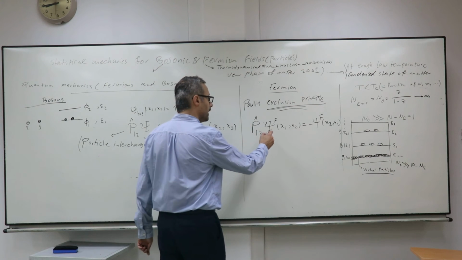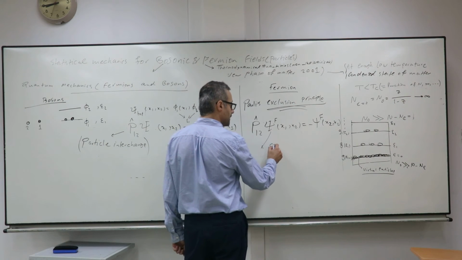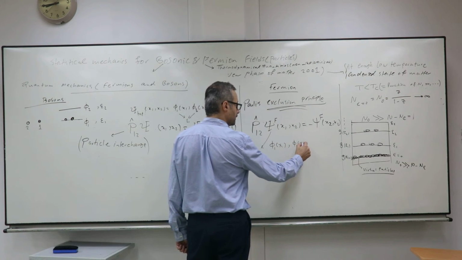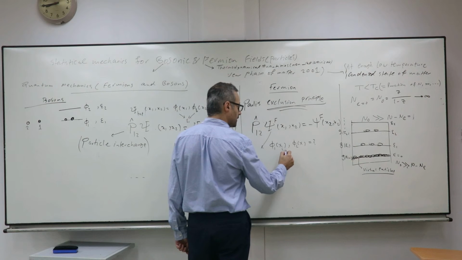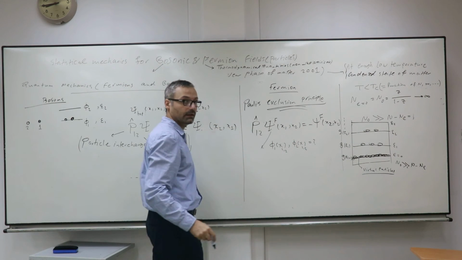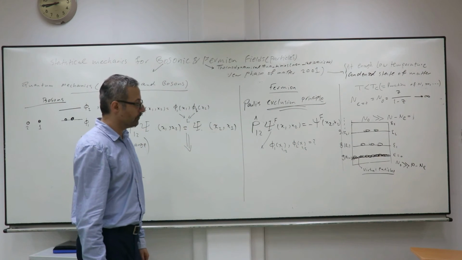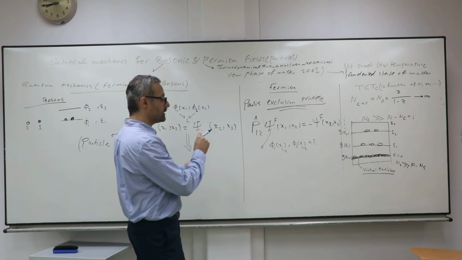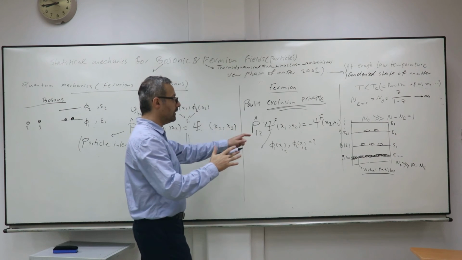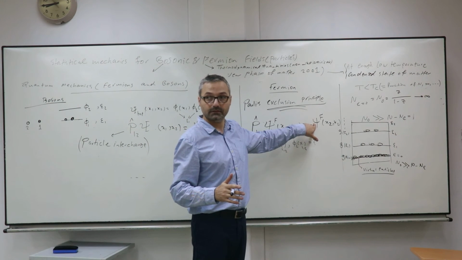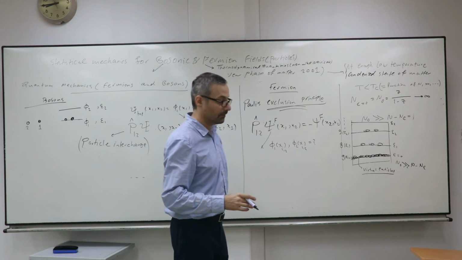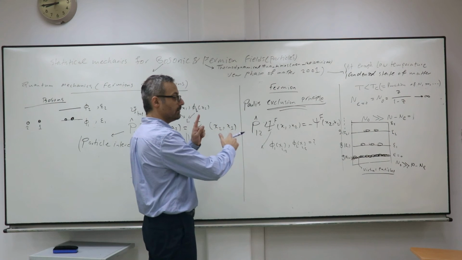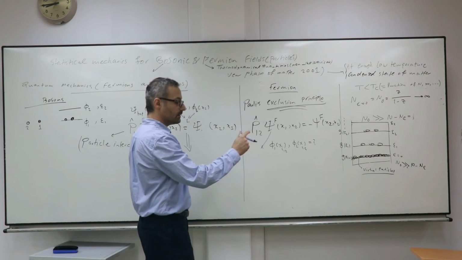I mean, how can I write that in terms of phi1 and phi2? Of course, here you can have particle 1 or 2. The combination should be such that if I change x1 by x2, the total wave function changes to minus. It should be something like this multiplied by this minus this multiplied by this.